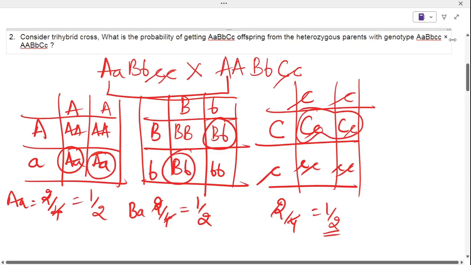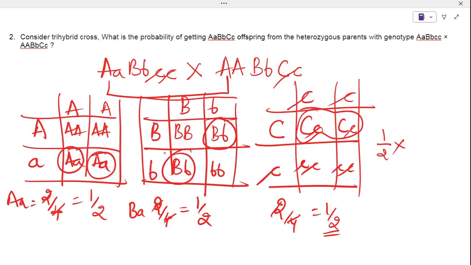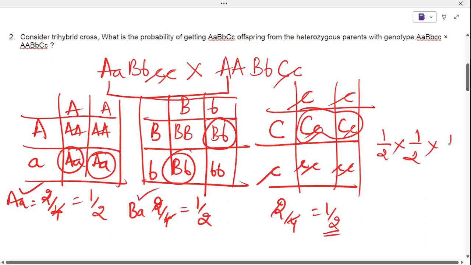Probability of getting this genotype is totally, so I will write 1 by 2 from this parent, 1 by 2 from this genotype and 1 by 2 from this genotype, that is capital C, small c. So, total probability is equal to 1 by 2 into 1 by 2 into 1 by 2, 1 by 8 is the correct answer for that.